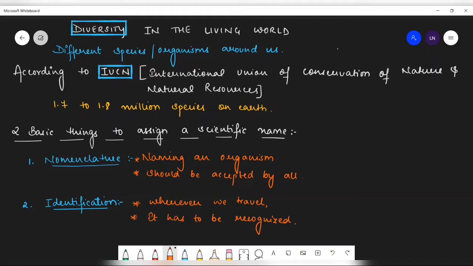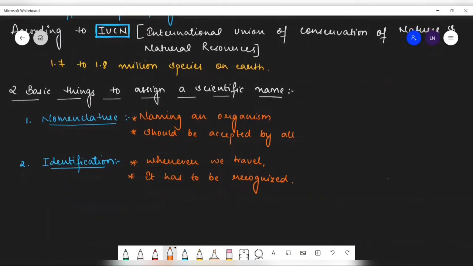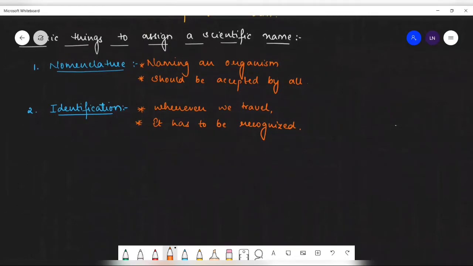Clear? So these are the two basic things the organism should have, and we should give a scientific name to it. Okay.